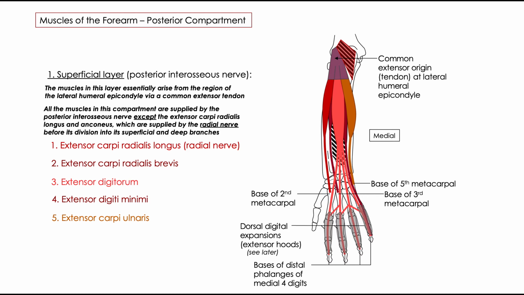And we said in the beginning, this anconeus and the extensor carpi radialis longus are innervated by the radial nerve, and after this the radial nerve divides into a superficial and a deep branch. The deep branch is known as the posterior interosseous.